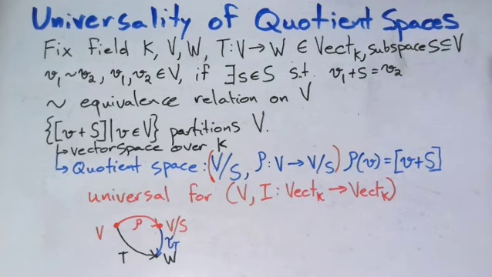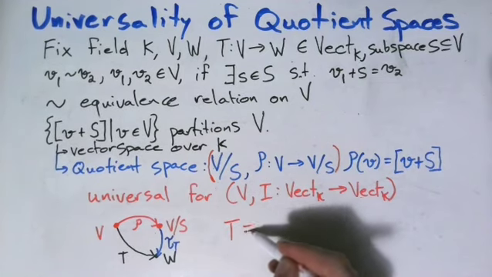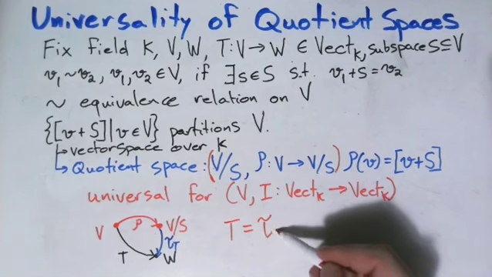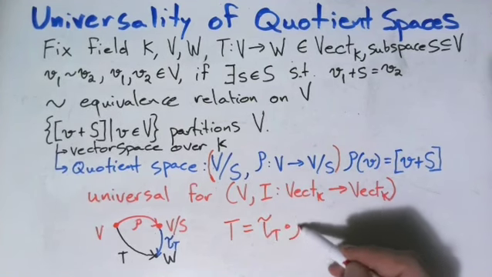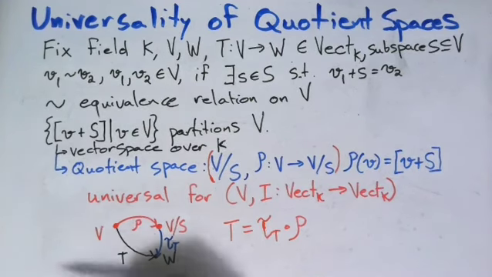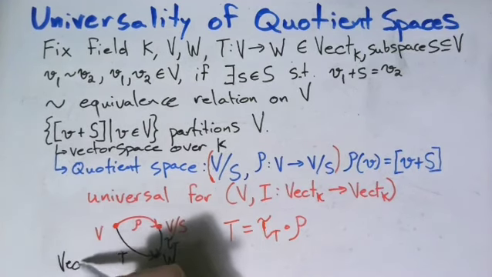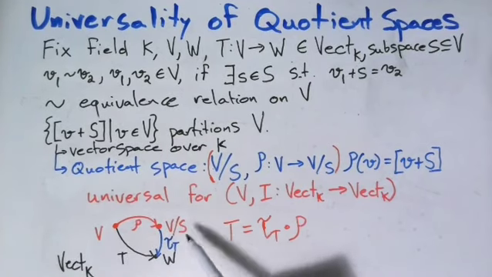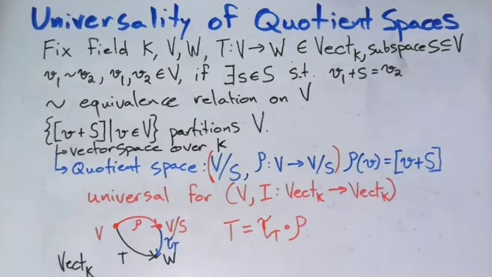And what do we get if this diagram commutes? We have to have T equals tau of T after rho. We're in the category of vector spaces over K here. And we know that this is a vector space over K, so we're good there.